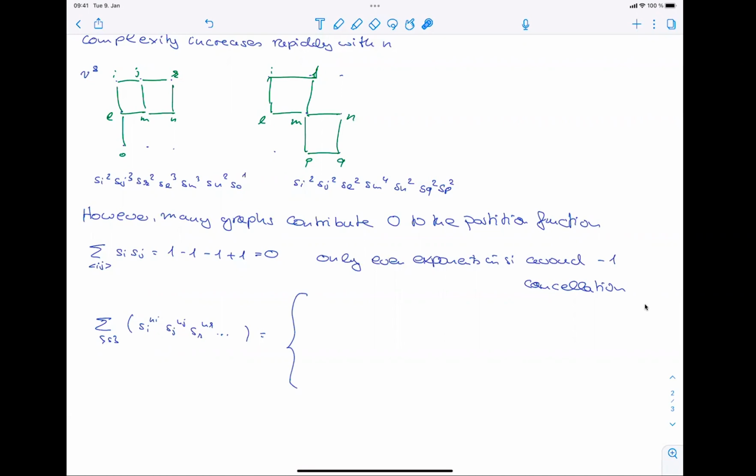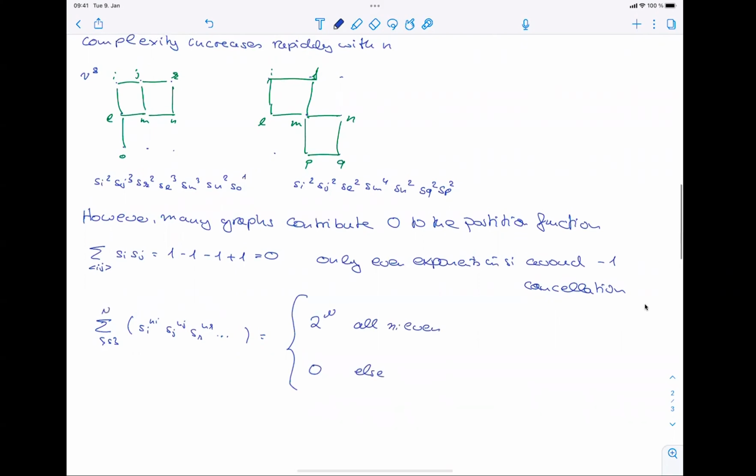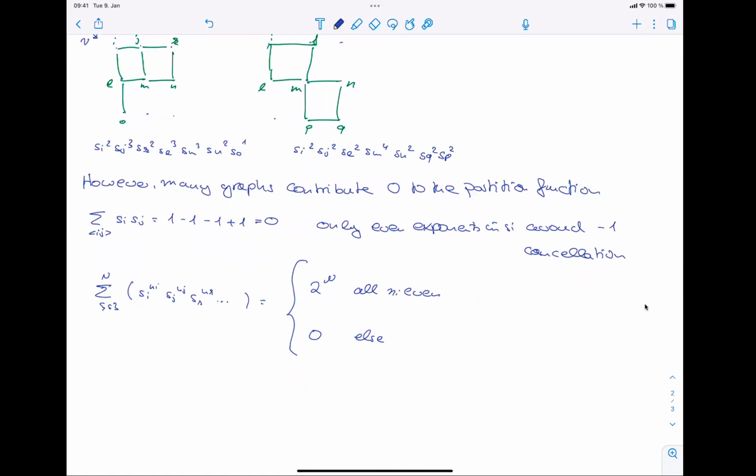And that's true for all of them. So the amount of terms that I get in the end is 2 to the power of n, with n being the number of spins that I'm summing over. So this gives me 2 to the n if all Ni are even, and this gives me 0 else.